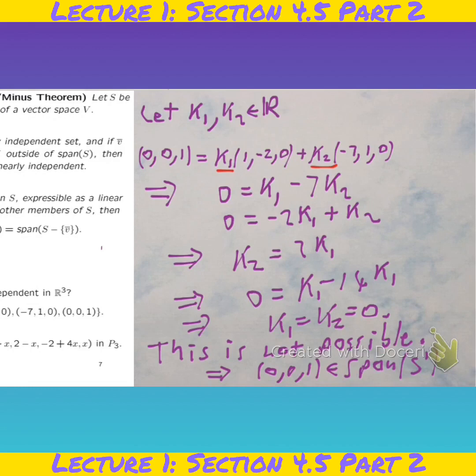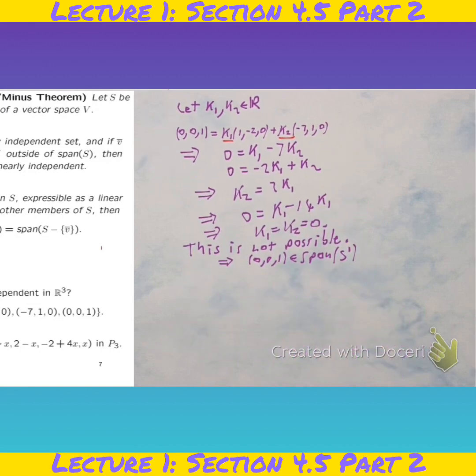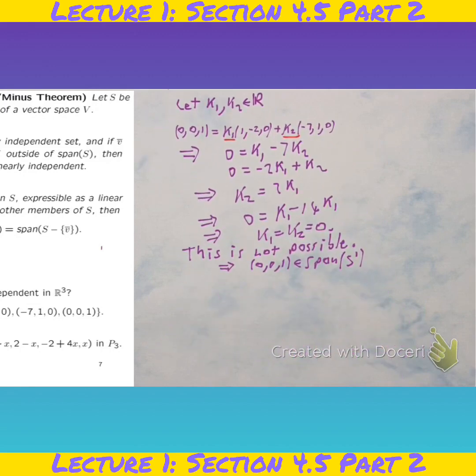Okay, so let's apply the first part of the plus-minus theorem. The first part of the plus-minus theorem says that if you take a linearly independent set and you take a vector that doesn't lie in the span of that linearly independent set, then throwing that vector back into the set is still going to be a linearly independent set.